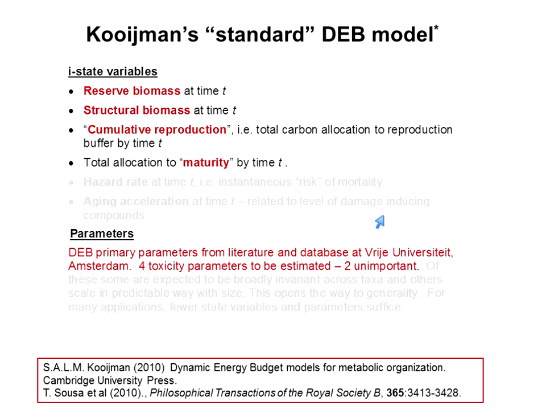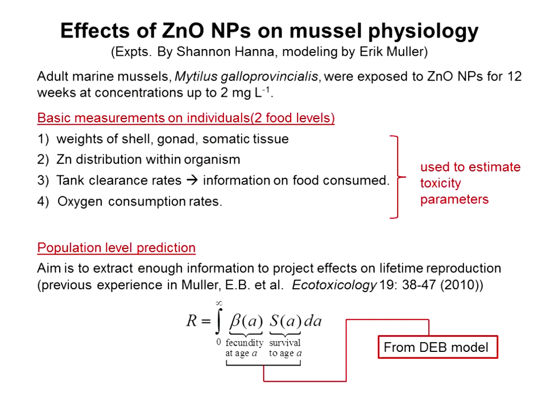So there was actually the potential, due to the special features of DEB, to use existing literature information. It still left toxicity parameters to be estimated, of which 2 turned out to be unimportant.